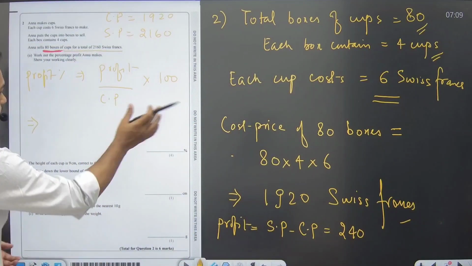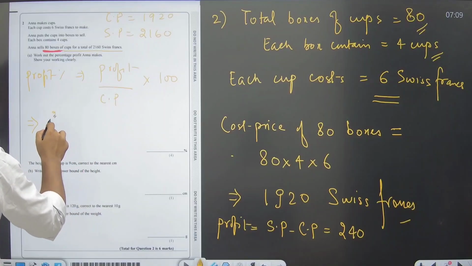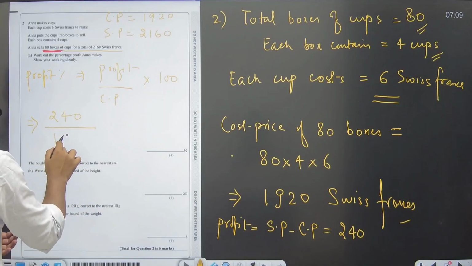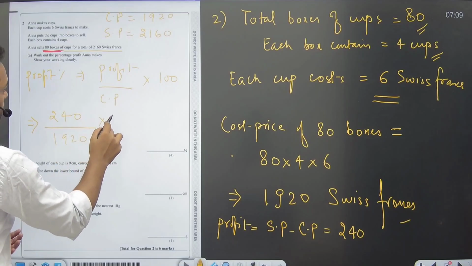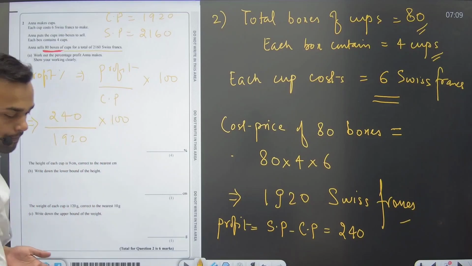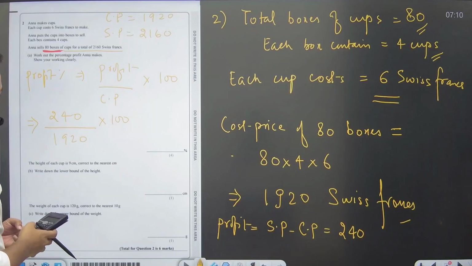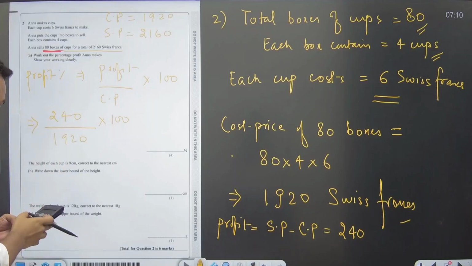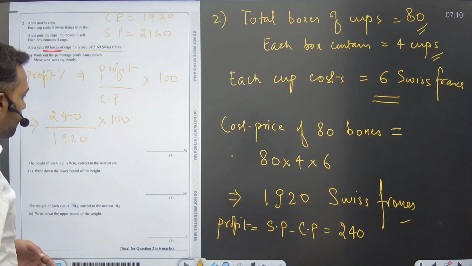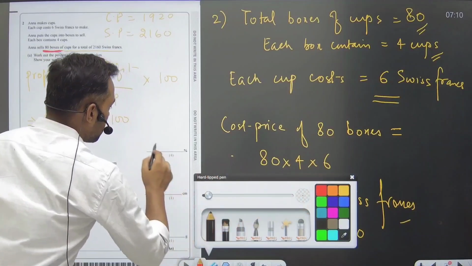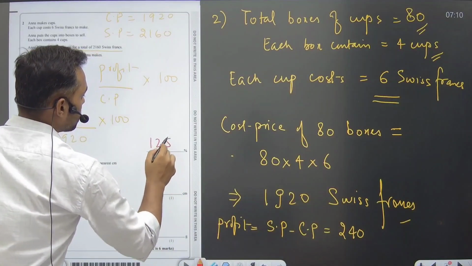By plugging the value of profit here, you will get 240 upon cost price 1920 cross 100. So you will get the answer 12.5%, student. This is our solution. 12.5%.